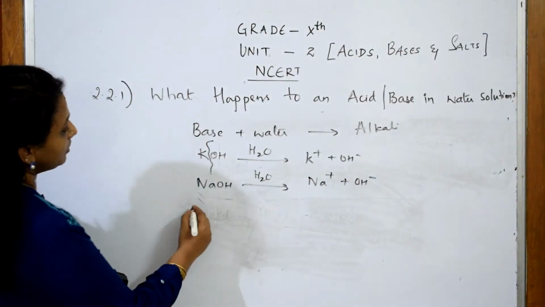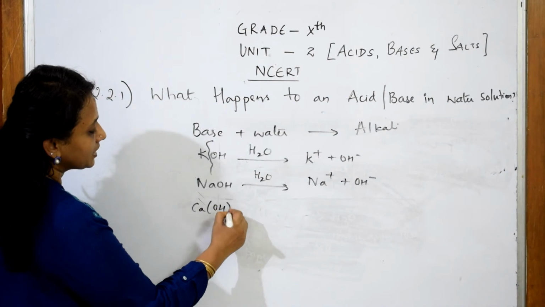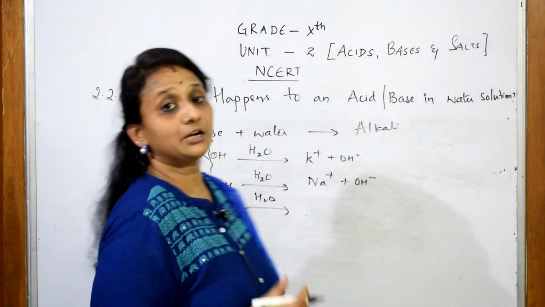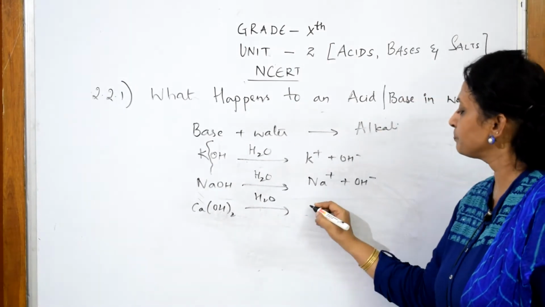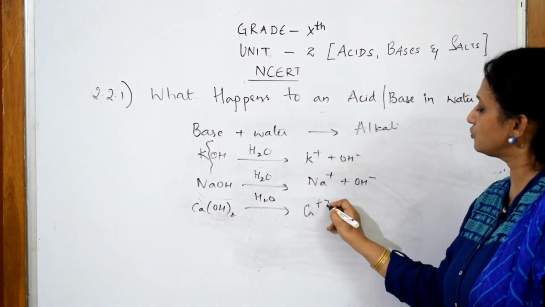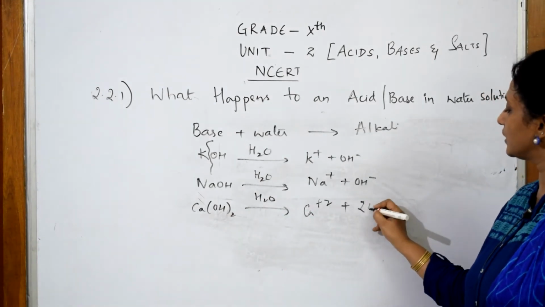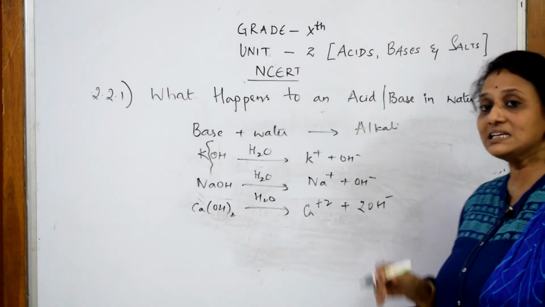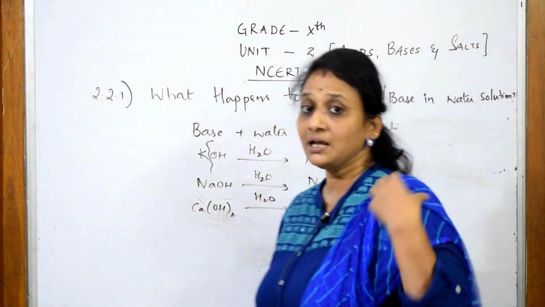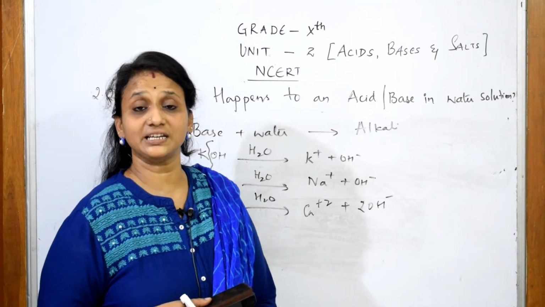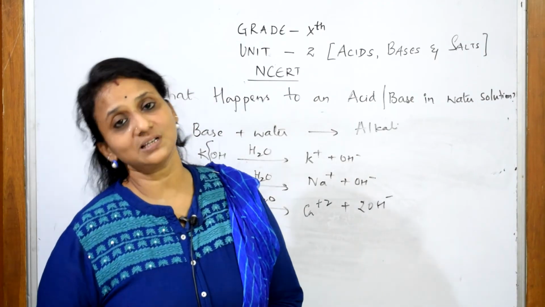Simple. Let us take calcium hydroxide. I need to take water for this. It will break up into two ions: calcium, Ca 2 plus because the valency of calcium is plus 2, and 2 OH minus ions. Now in all these things, what are you seeing? Simple. Base means it will release OH minus ion. Acid means it's going to release H plus or H3O plus ions.